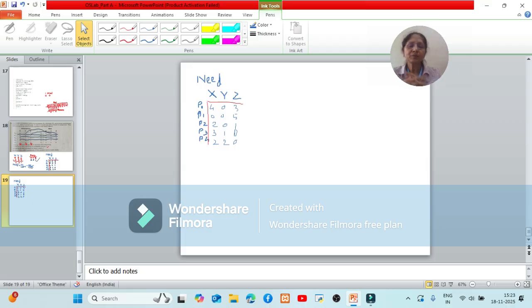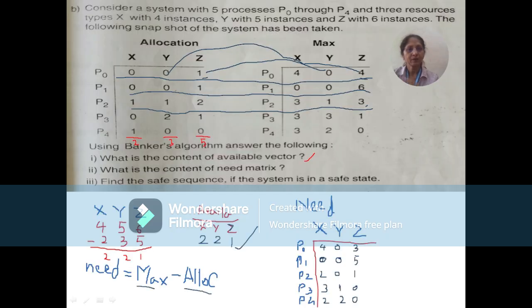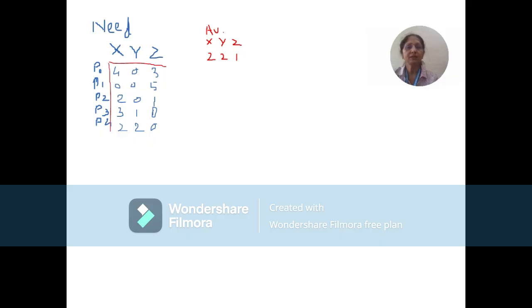Let us start calculating the safe state sequence, and this is our need matrix. Let us start with the process P0. The available vector was 2 2 1, which we calculated earlier. Let's compare the need of process P0 with our available.